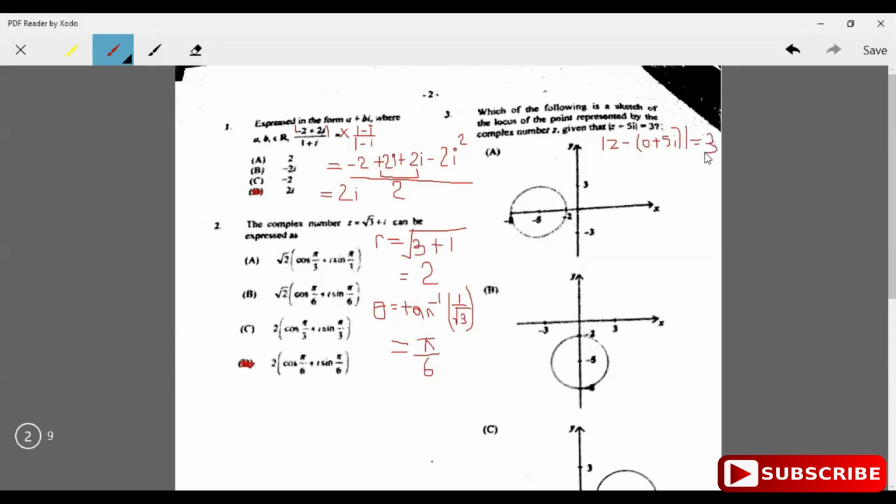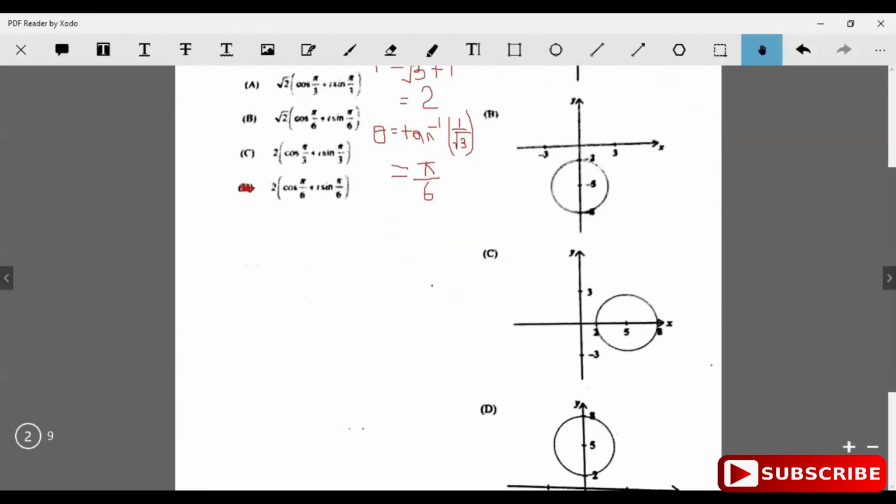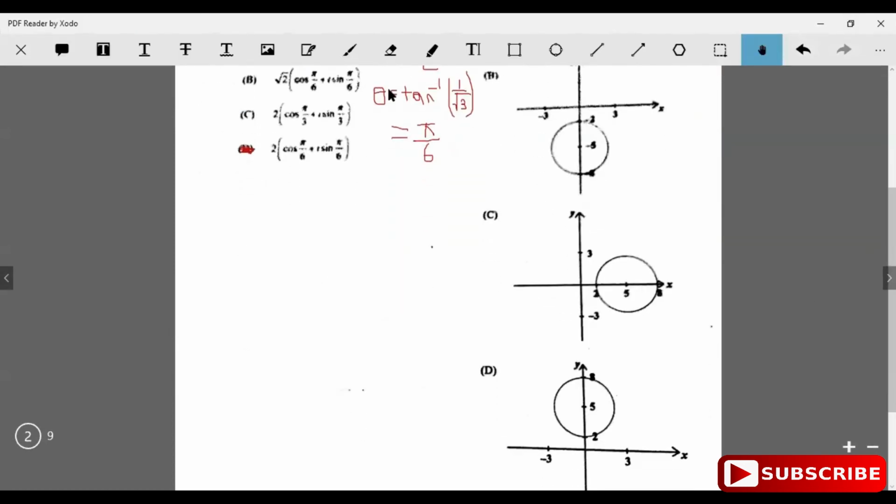And so what we actually have is that the center is 0, 5, with a radius of 3. So look for which one has a center of 0, 5, and a radius of 3. That seems to be option D.